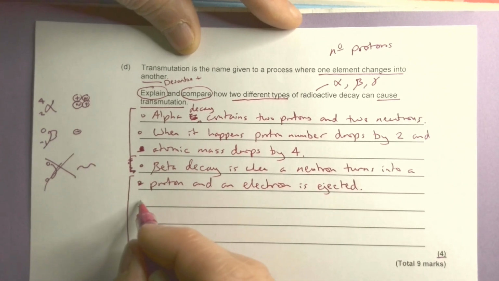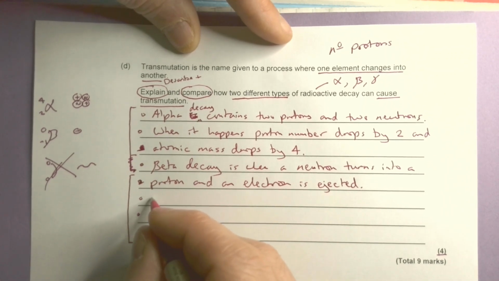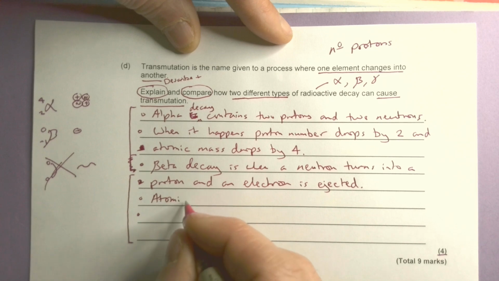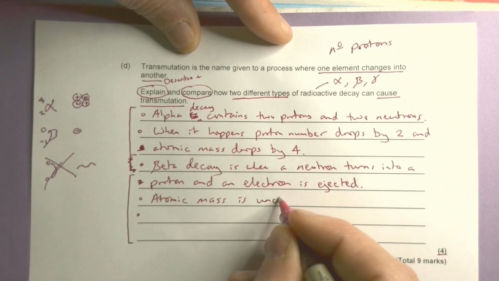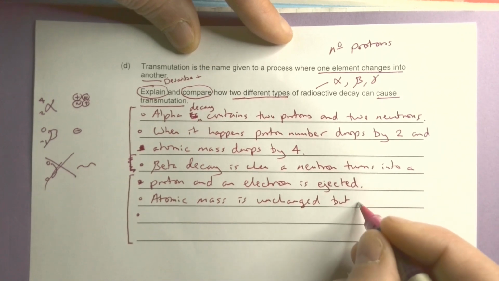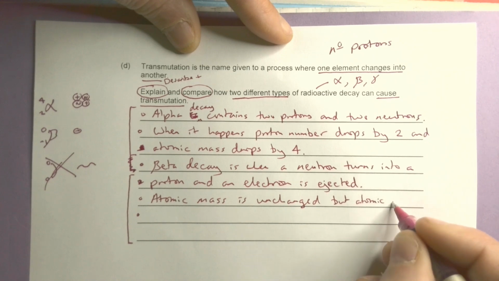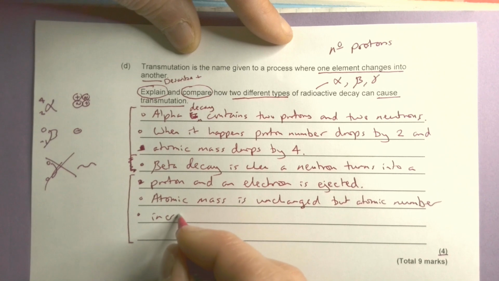Okay, so what's going to happen to the atomic mass and atomic number? So atomic mass is unchanged, but atomic number increases by 1.